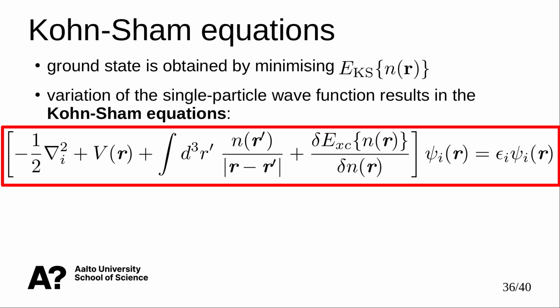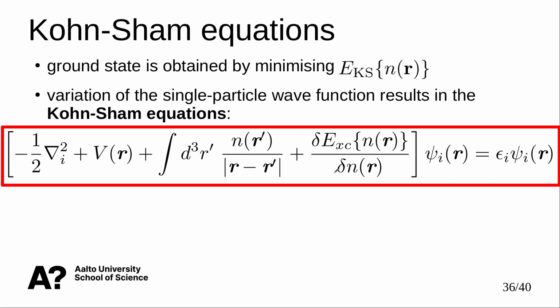By doing that shift, going from Kohn to Kohn-Sham, we basically end up with something called the Kohn-Sham equations. So the true ground state is now obtained by minimizing the Kohn-Sham energy density functional, and by variation of a single particle wave function, we basically end up with the Kohn-Sham equation, which is shown here.